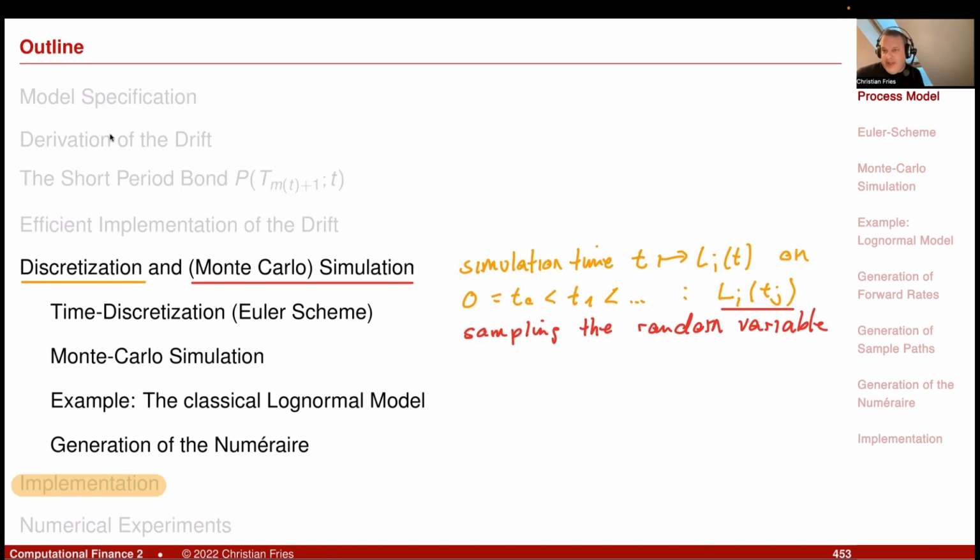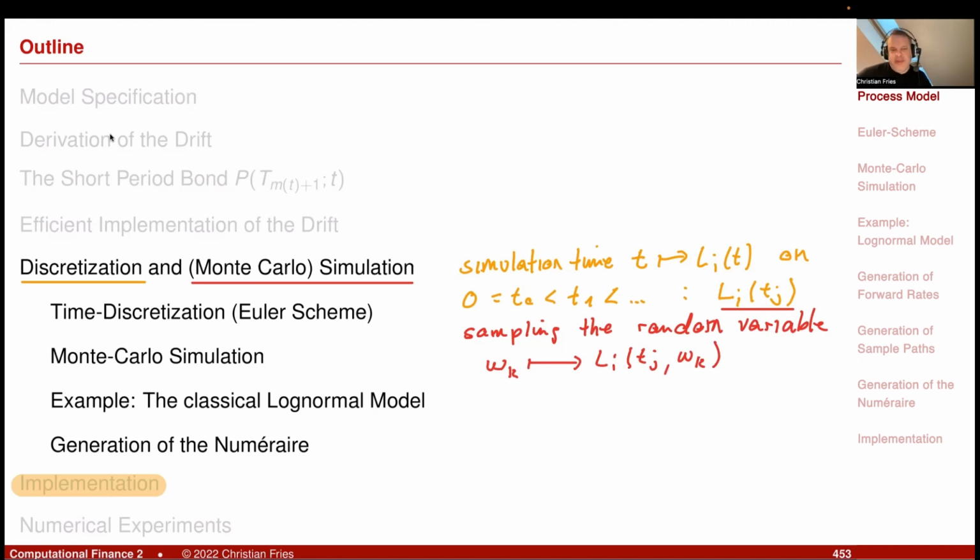Li of Tj, the stochastic process evaluated at a certain time, is a random variable. And now the next step is that I have to sample the random variables, so there will be different events, omega k, at which we sample the random variable Li of Tj. So I have an Li of Tj and omega k.